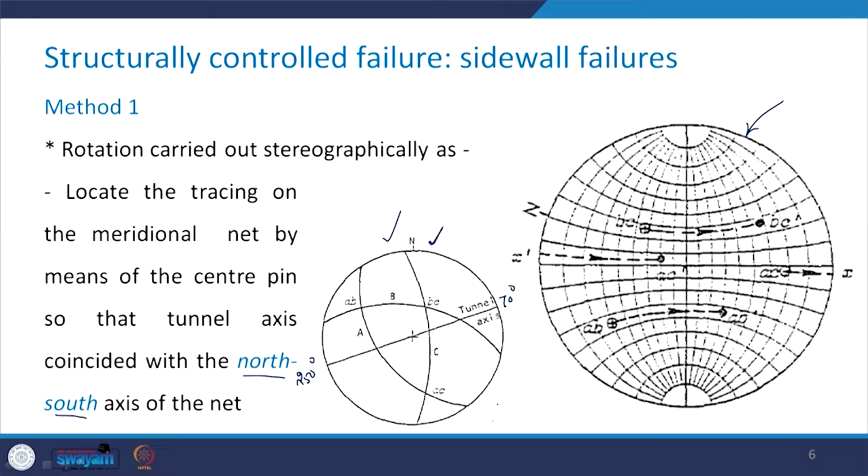So, I need to rotate this tracing sheet in the anti-clockwise direction by 70 degree, so that this point of the tunnel axis coincides with the north. You see that it will look like this. This is your tunnel axis now, and you can see 10, 20, 30, 40, 50, 60, and this is 70 degree and this north is here.